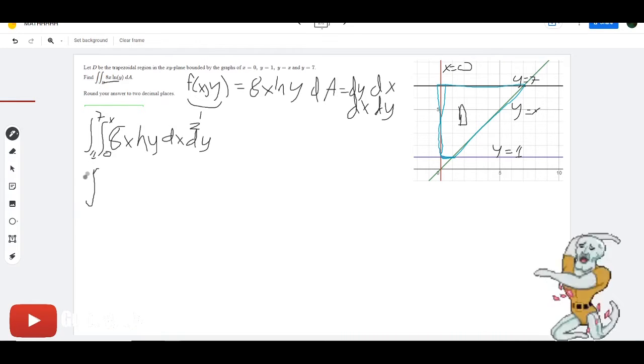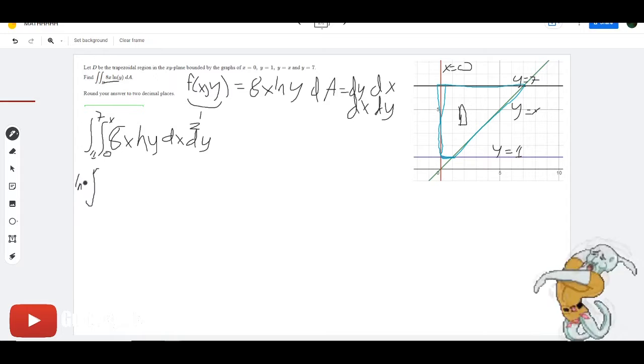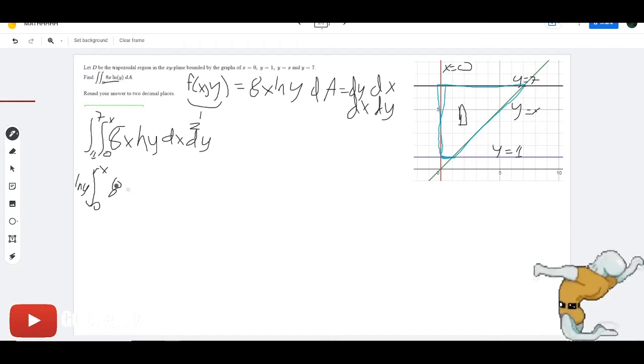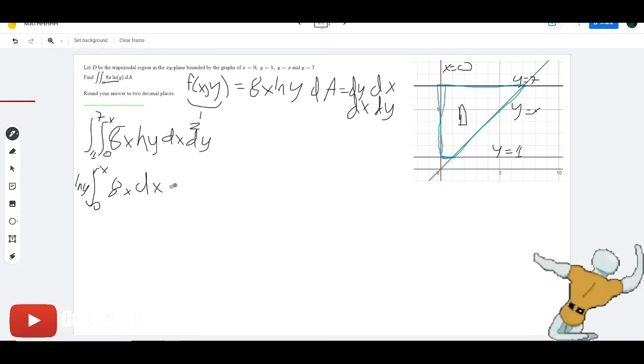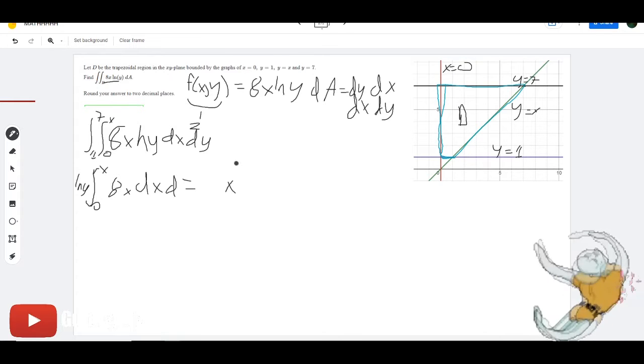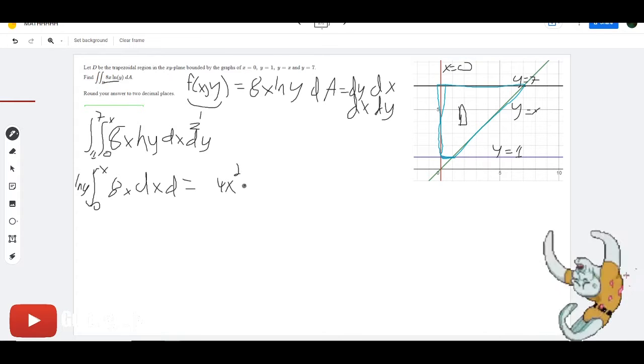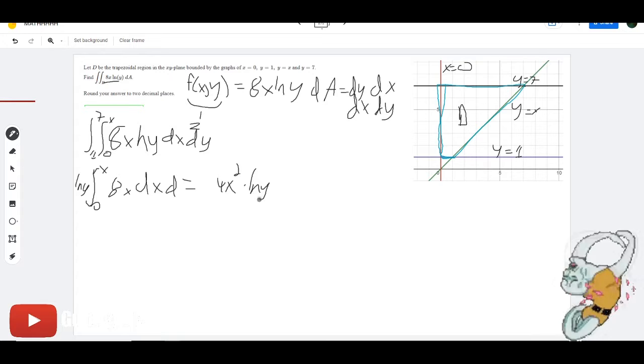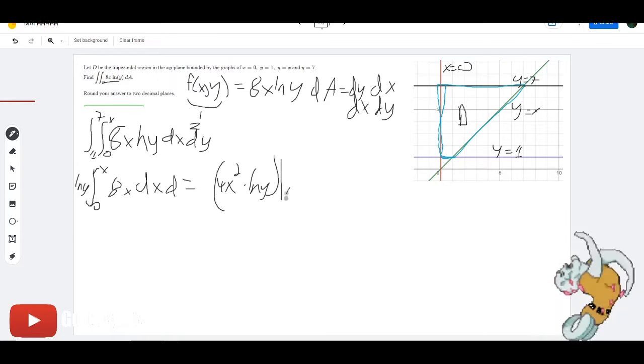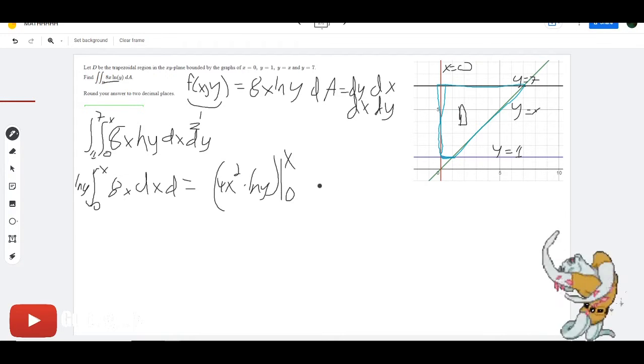So this first integral can be rewritten as ln y on the outside times the integral from 0 to y of 8x dx, and then this is equal to 4x squared times ln y, evaluated from 0 to y.